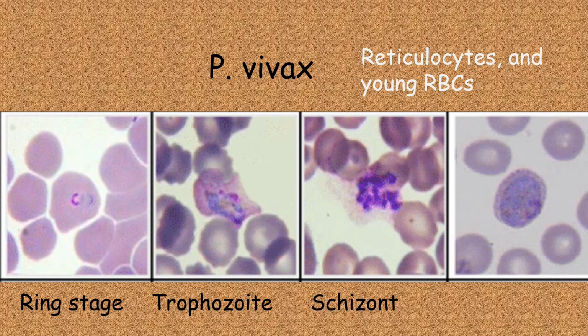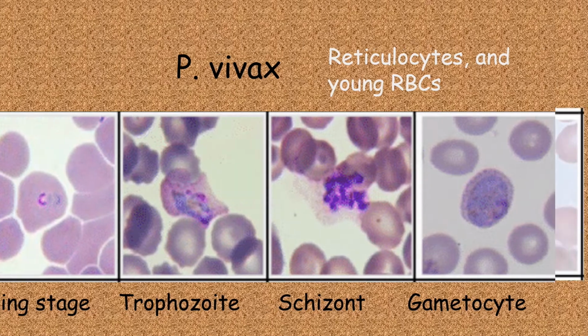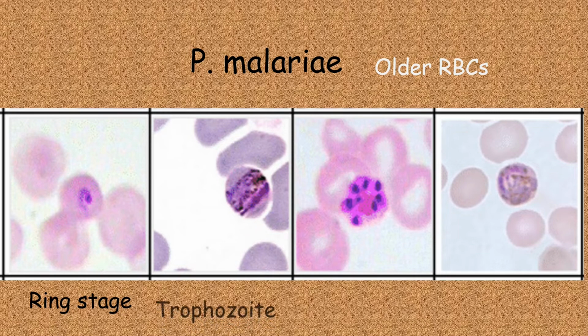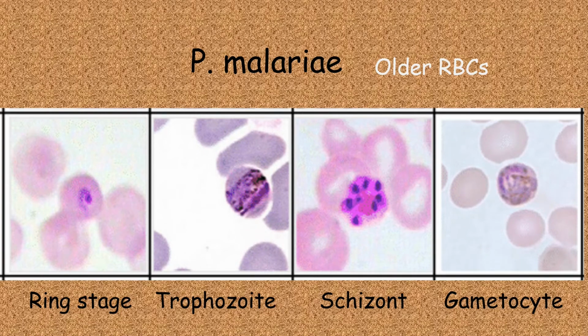Then comes the schizont stage, and finally the gametocyte, where you can see the gametocyte is round and oval in shape and completely fills the red blood cells. Now comes the blood picture of Plasmodium malariae. It has a predilection to infect older red blood cells. Here you can see the ring stage followed by the characteristic band-formed trophozoite or sometimes basket-formed trophozoites, followed by the schizont and finally the gametocyte, which almost fills the red blood cells.